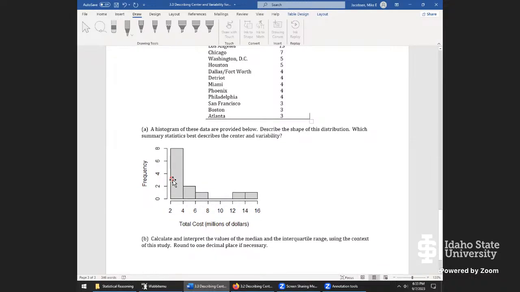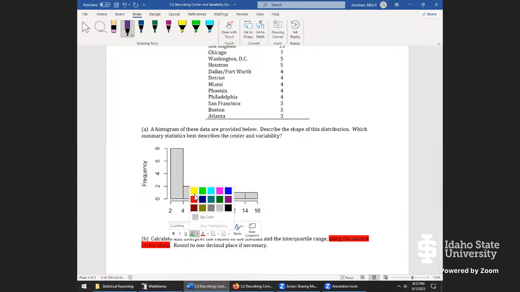Now what we're going to be doing with this data set is calculate and also interpret the values of the median and the interquartile range using the context. Let me highlight that portion. We're going to start seeing this more and more as we do problems that involve our statistics, because once we calculate a number, it's not good enough to say the median is 5 or 15.